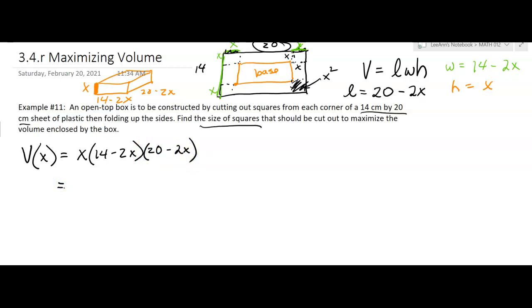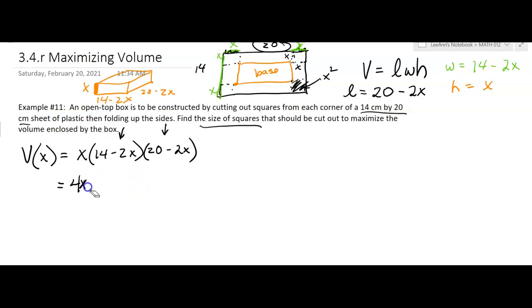Now if I wanted to, I could factor out a 2 from both of those factors, and I kind of want to. So I'm going to write this as 4 times x times 7 minus x times 10 minus x.